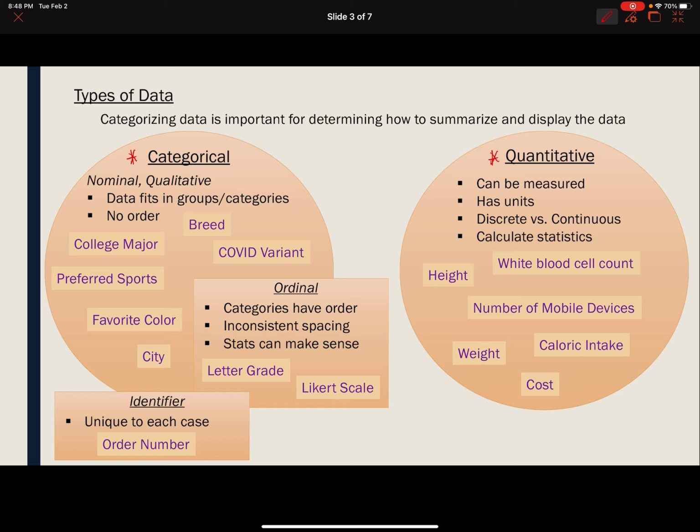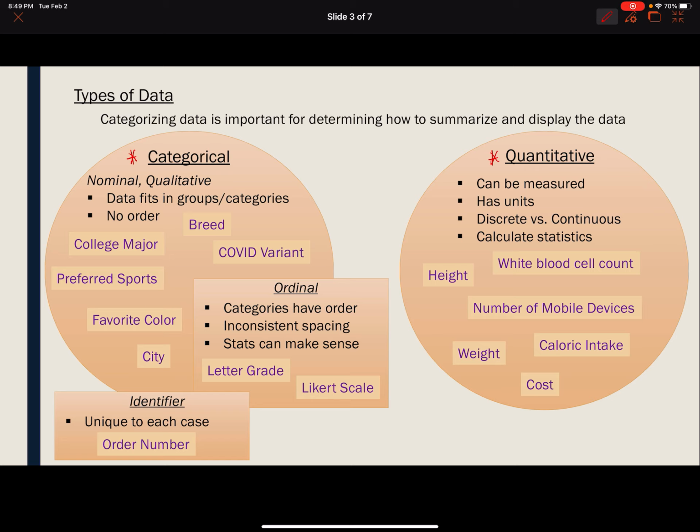So I do have some examples here. Something like number of mobile devices, that would be a discrete quantitative variable, whereas weight would be a continuous quantitative variable. But for all of these, regardless if they're discrete or continuous, finding something like a mean would make sense.